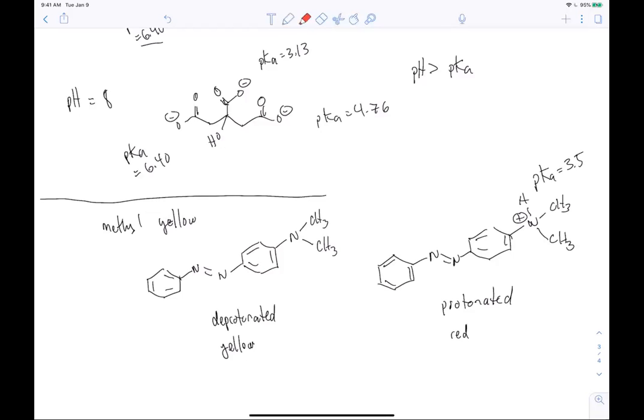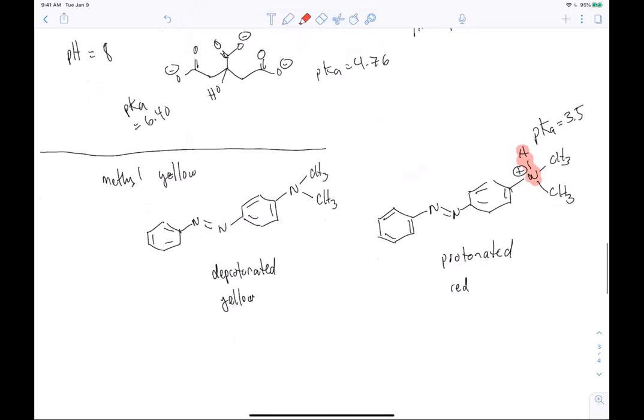So again, I draw this big molecule not to intimidate you or make you anxious, but to show that ultimately it doesn't matter how crazy the molecule looks. Ultimately, all we're considering is that proton. And if we know that the pKa of this proton is 3.5, then at a pH equal to 2, which form is it going to be in?